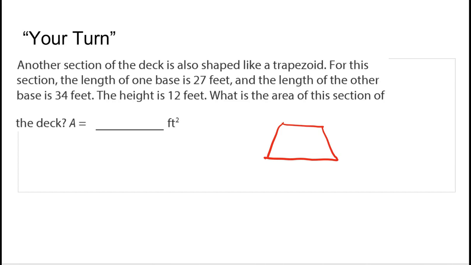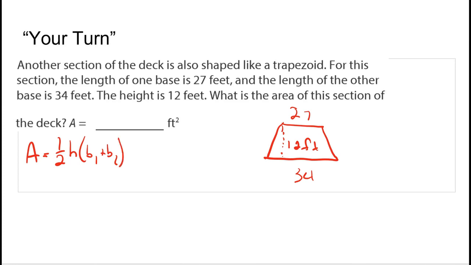It says the length of one base is 27 feet. So I'm going to write 27 feet. The length of the other base is 34 feet. And it says the height is 12 feet. So that's what we have. So then we just need to plug our information into our formula. Remember that our formula is area equals 1/2 the height times base 1 plus base 2.